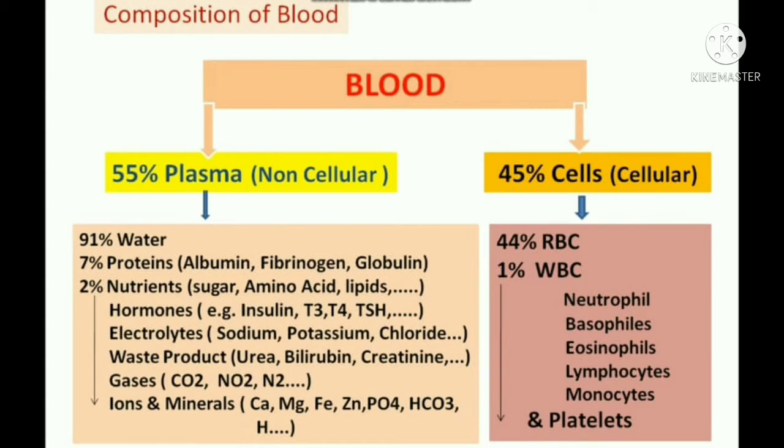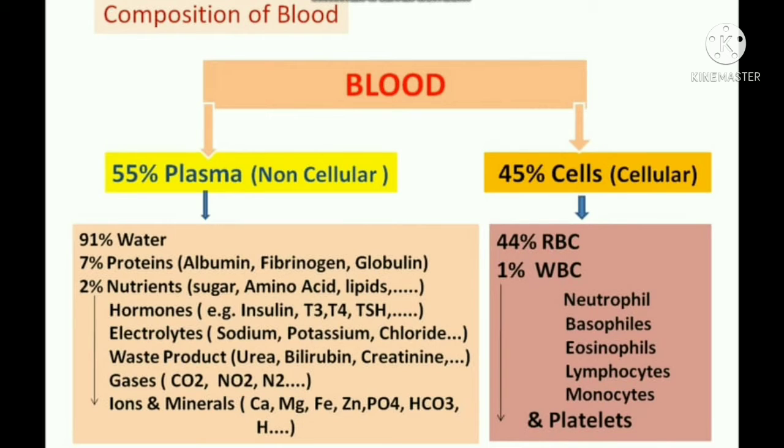Electrolytes consist of sodium, potassium, chloride, and waste products such as urea, bilirubin and creatinine. Gases such as carbon dioxide, nitrogen dioxide and nitrogen. Ions and minerals contain calcium, magnesium, iron, zinc, phosphate, bicarbonate and hydrogen.